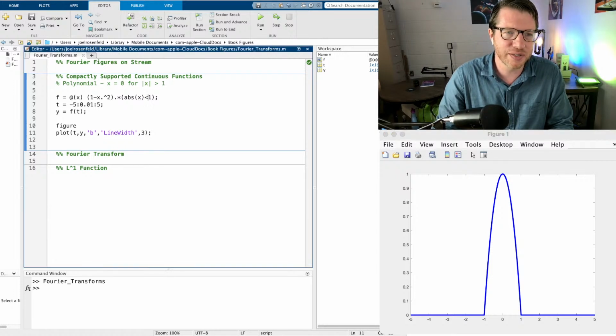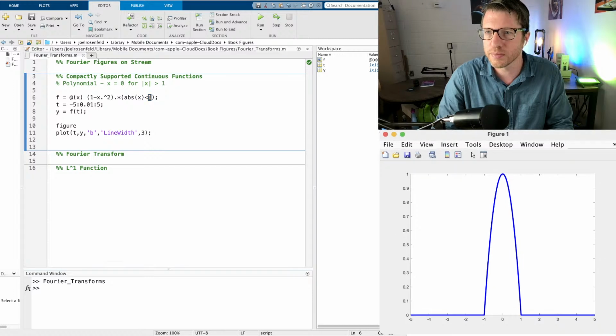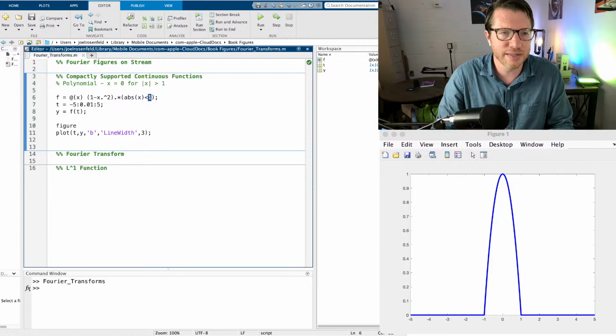Let's go ahead and change this to be, why'd that cut out? Alright, so let's go ahead and change this to go a little bit wider. Say go up to 3. That seems to be good.